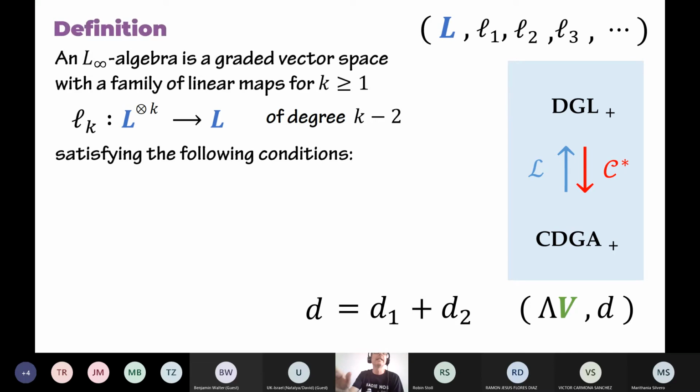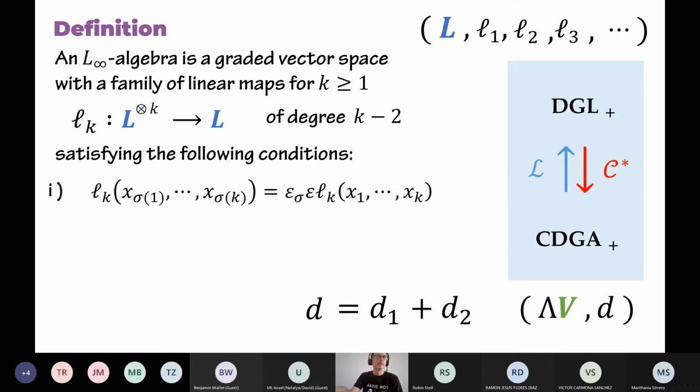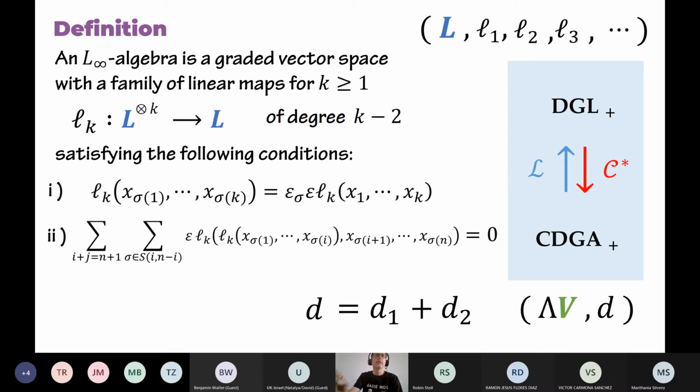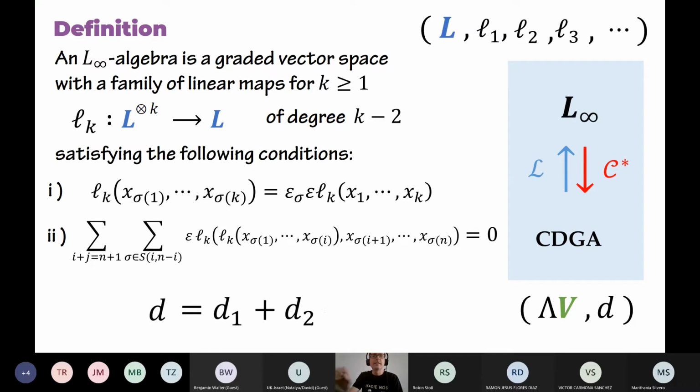We define an L-infinity algebra as a graded vector space with a family of linear maps of degree k-2 satisfying two conditions. First, we need a graded higher antisymmetry. And second, we need a generalized Jacobi identity. And with this definition, we can also extend the cochain functor and obtain a differential with all the terms.